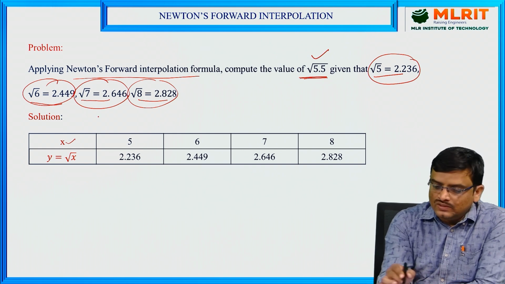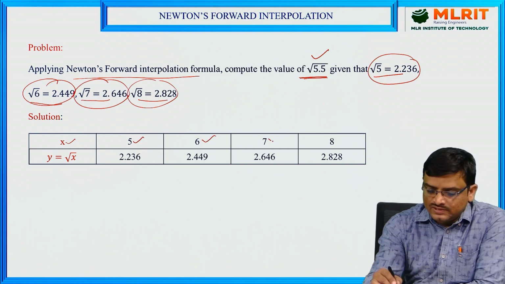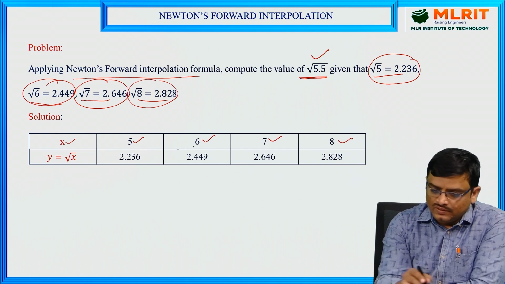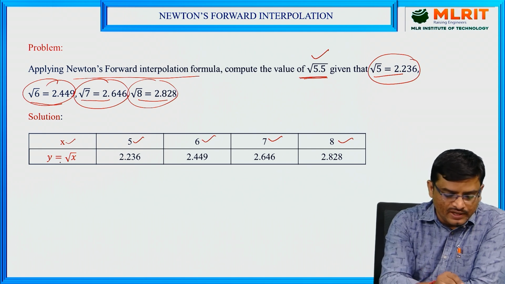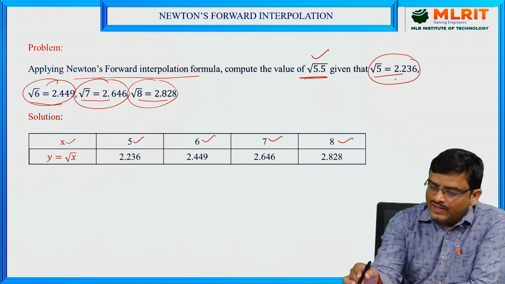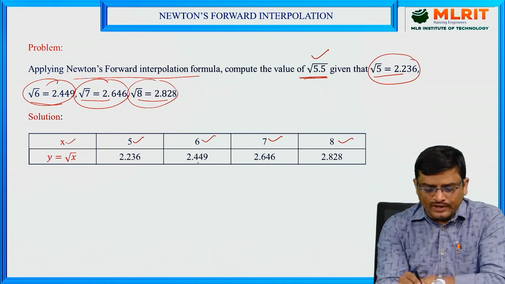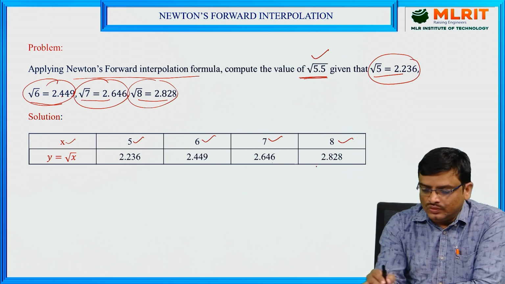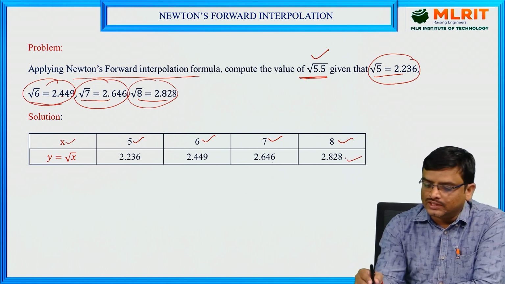So the x values given in the data are 5, 6, 7, and the corresponding y values: if you substitute x is equal to 5 here, you will get y is equal to root 5, that value is 2.236, and similarly root 7, root 8. So this is the way we can convert this data into a tabular column.